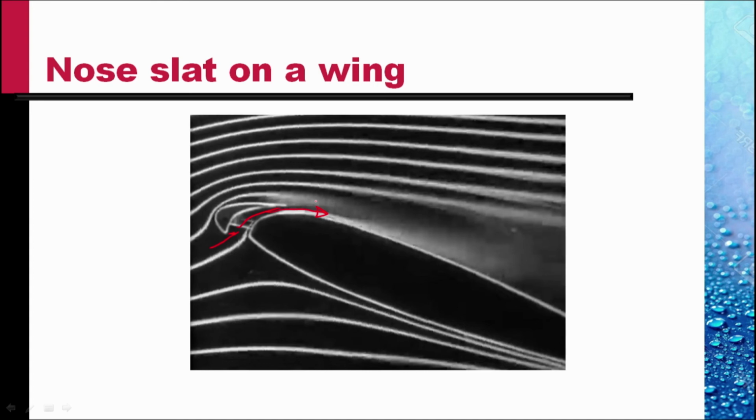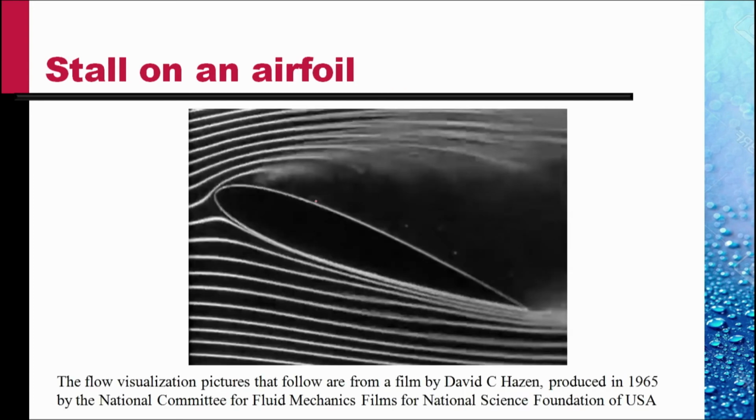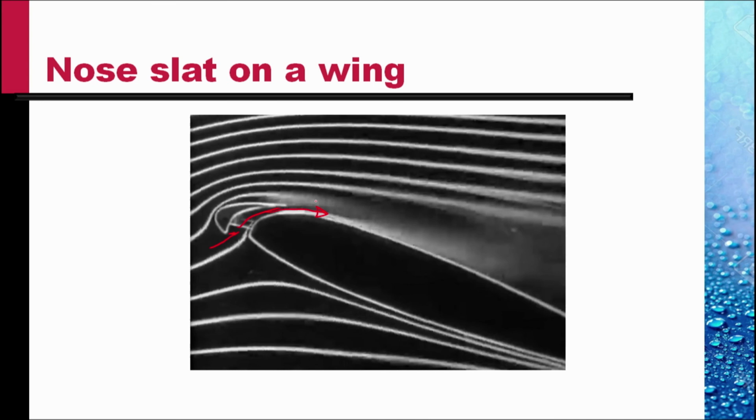And as it is introduced there tangentially, this energizes the boundary layer and the separation decreases. Notice how the separation has decreased. This device of a nose slat has been used in many aircraft wings to increase the angle at which the wing stalls.